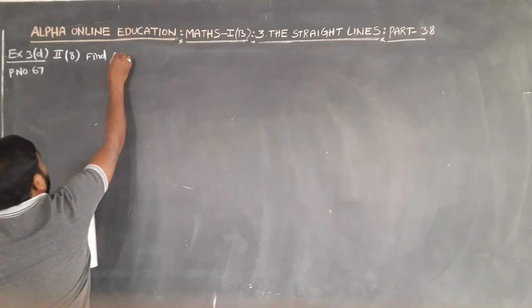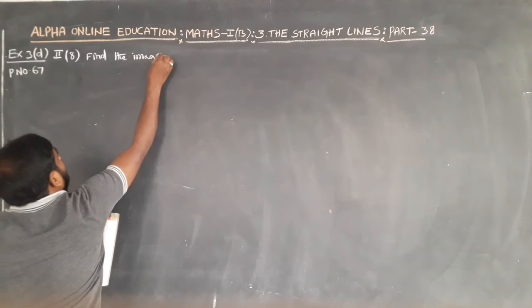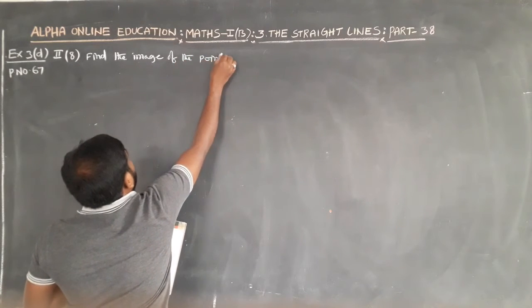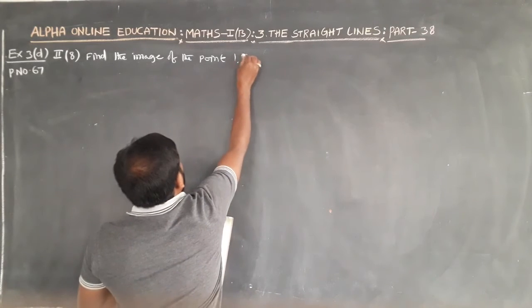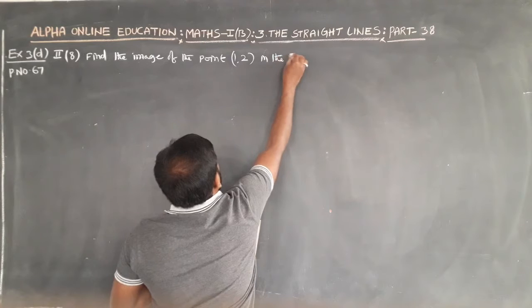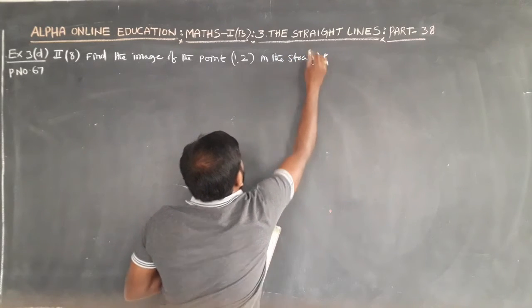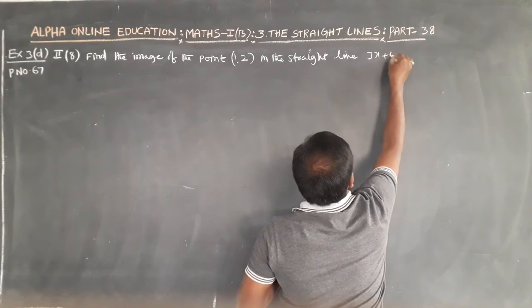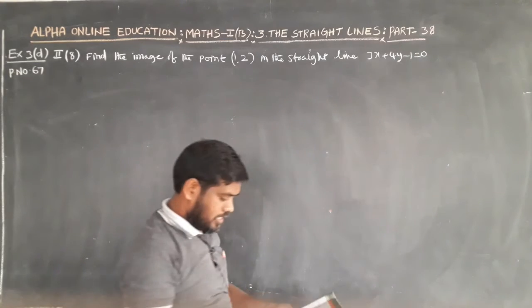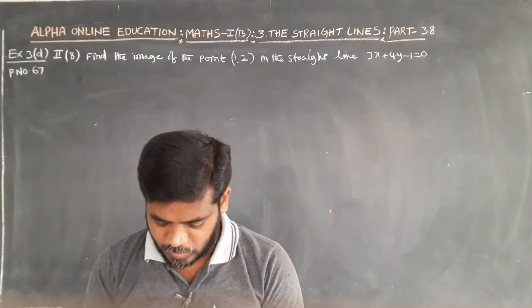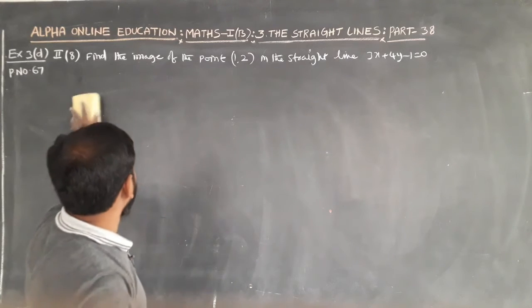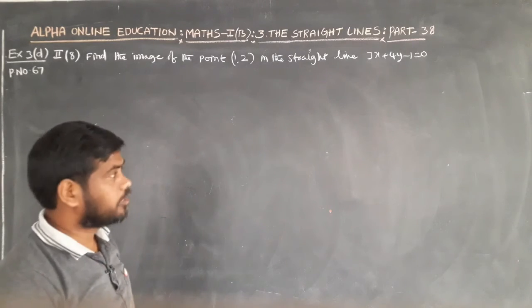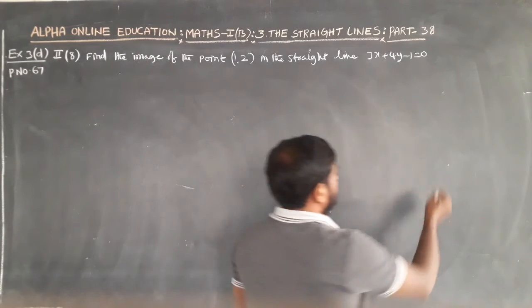Find the image of the point (1, 2) in the straight line 3x + 4y - 1 = 0.